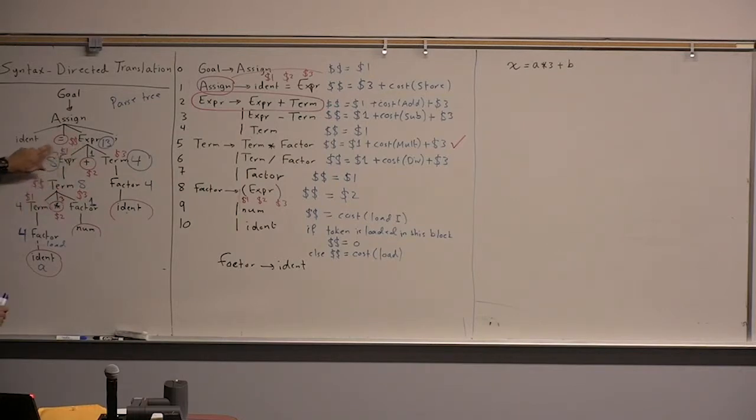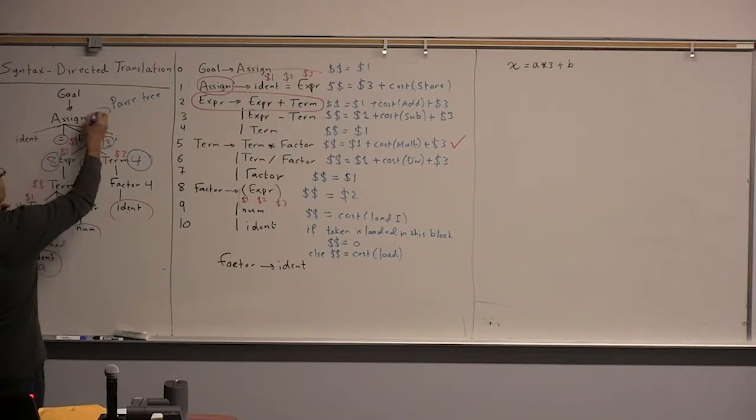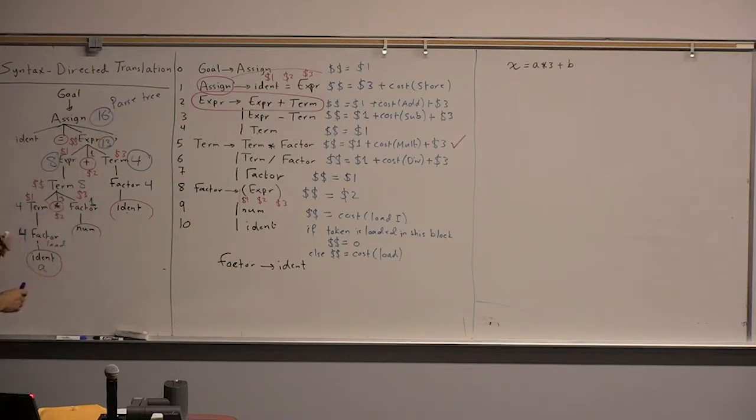Then the final step is the store. So this takes 13 units of computation to compute. And the cost of the store, did we put 3 or 4? It's 3. So 13 plus 3, this is going to be 16. And again, when you look at this assignment, this is going to be your $1. This is going to be your $2. And this is going to be your $3.